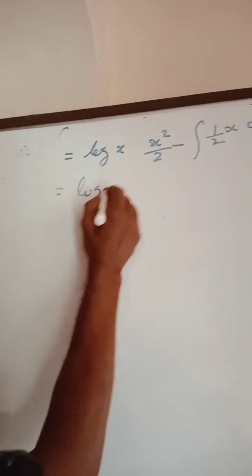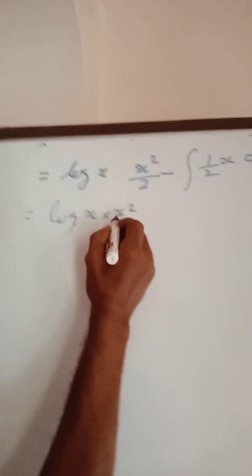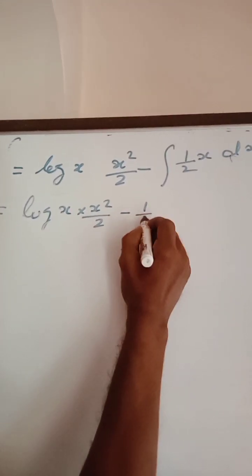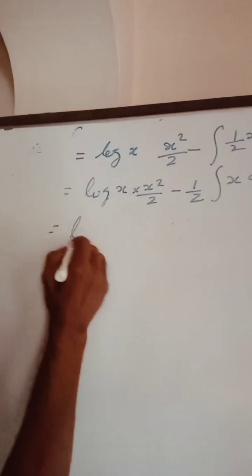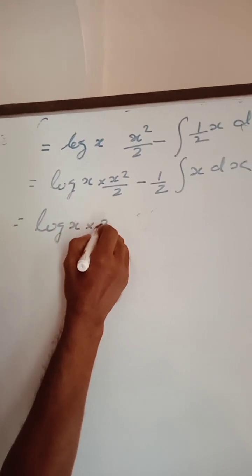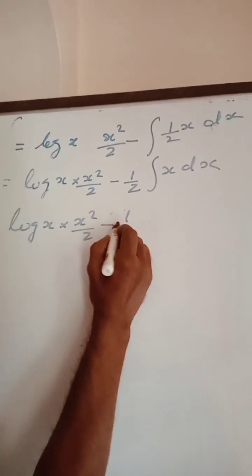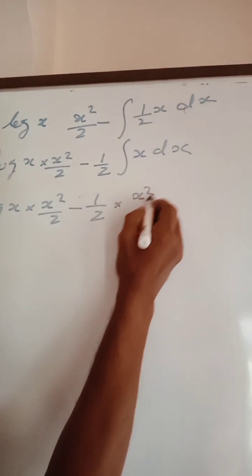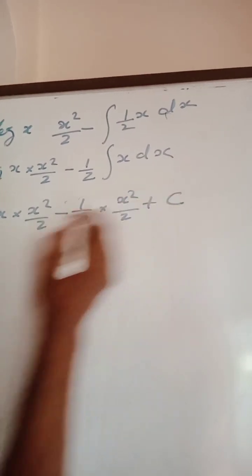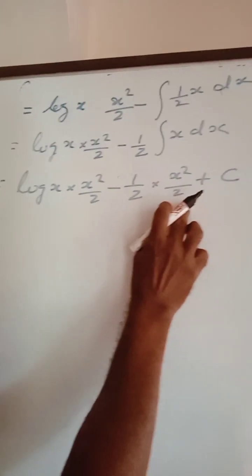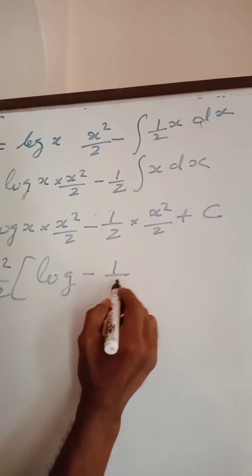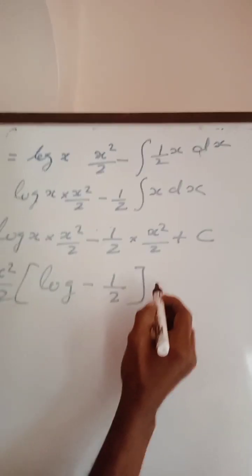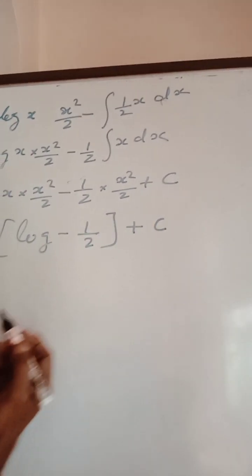That's equal to log x into x square by 2 minus 1 by 2 into integration of x dx, which is equal to log x into x square by 2 minus 1 by 2 into x square by 2 plus c. We can take x square by 2 as common. That's equal to x square by 2 into log x minus 1 by 2 plus c.